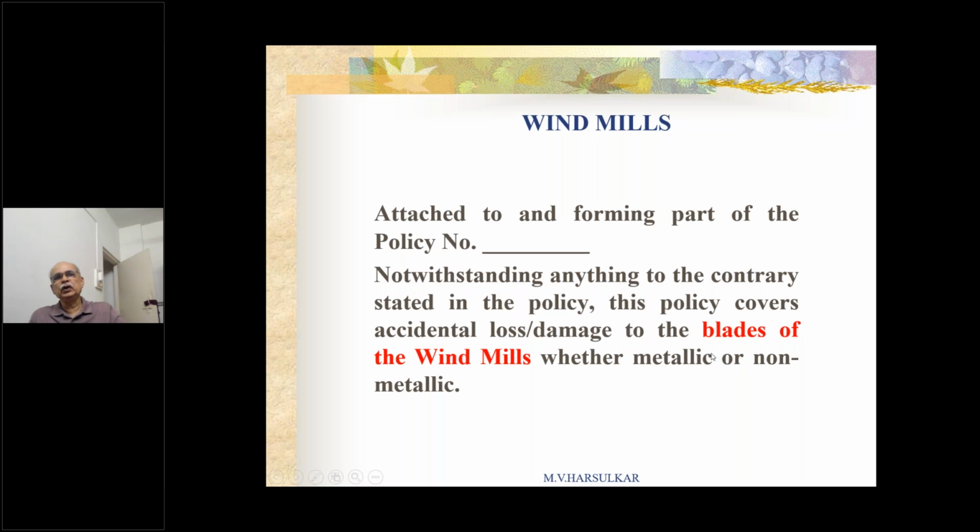But here, this endorsement is saying that non-metallic is covered. Metallic, you may not have issues because it is a master breakdown policy, but non-metallic blades, most of the windmills have non-metallic blades. Means the internal frame may be of fabricated MS, but outside is plastic. But here we are covering those plastic things also.